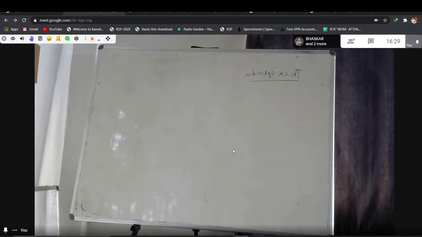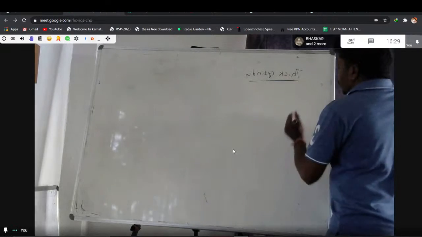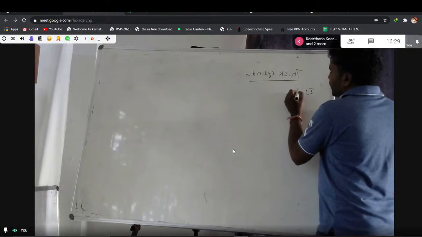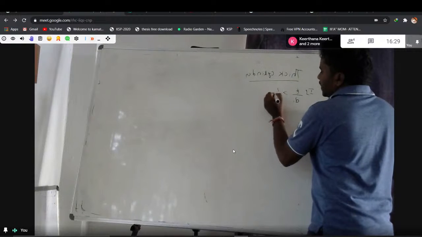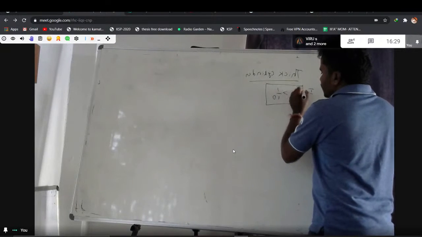Greater than 1/10. That is very important. Greater than 1/10 should be there. So if the ratio of thickness to internal diameter is greater than 1/10, then it is called a thick cylinder.